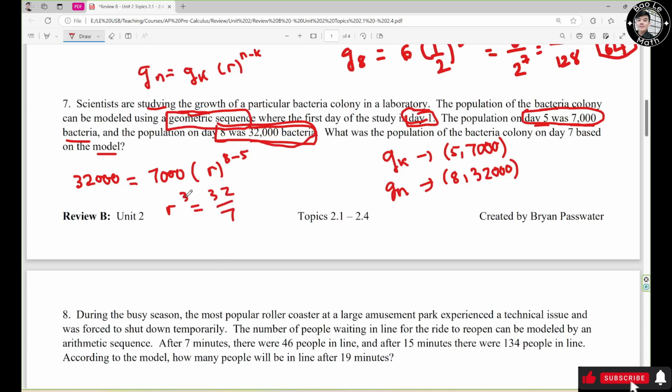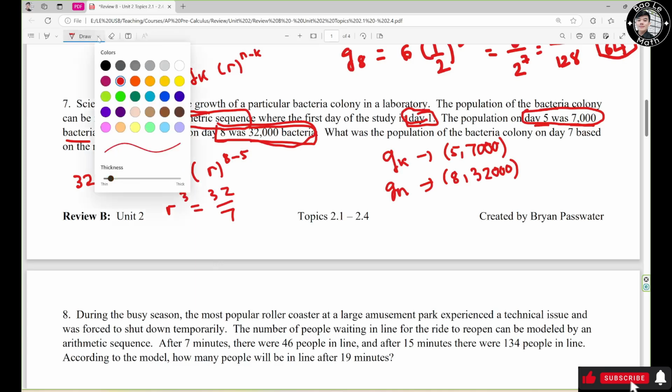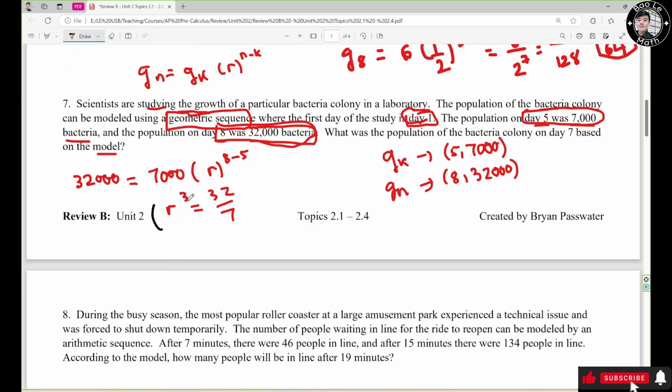Now I need to eliminate the power 3 right here, so I need to raise both sides to the 1/3, right? So the left hand side should be to the power of 1/3, the right hand side should be to the power of 1/3, right? So it turns out to be r equals 32 over 7 to the power of 1/3, right?